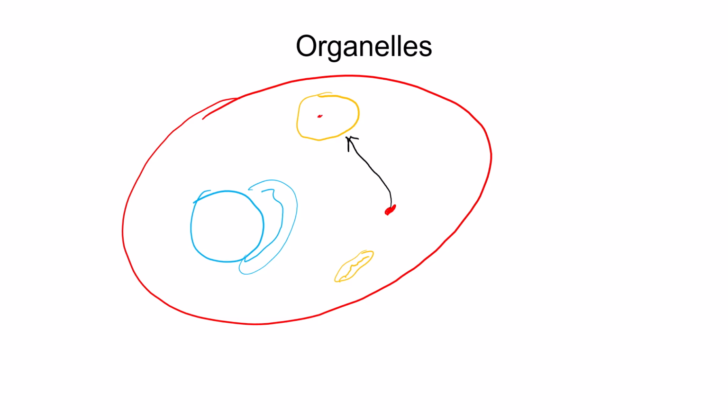And the lysosome will take them and break them apart into lots of little pieces. And then those pieces can be used by the cell and recycled to make other things.